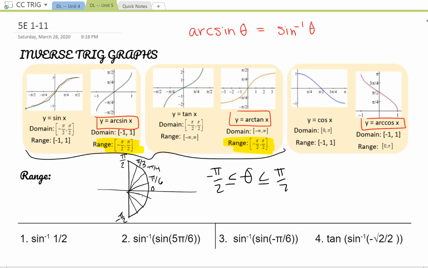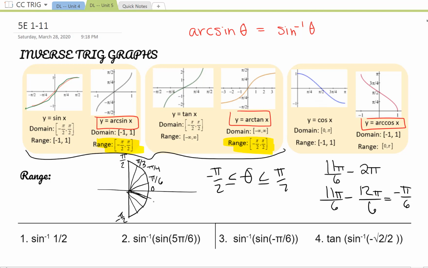This angle is still allowed. It just has to be called by a different name. It has to be called by a name of an angle that is between these restrictions. So instead of calling it 11π/6, that was too big, clearly, so let's subtract 2π. Let's subtract a full circle, get a coterminal angle. 12π/6, that's -π/6. Okay, is -π/6 between -π/2 and π/2?